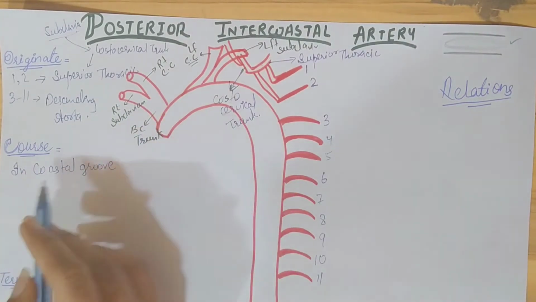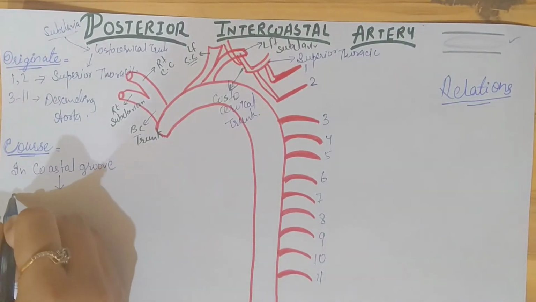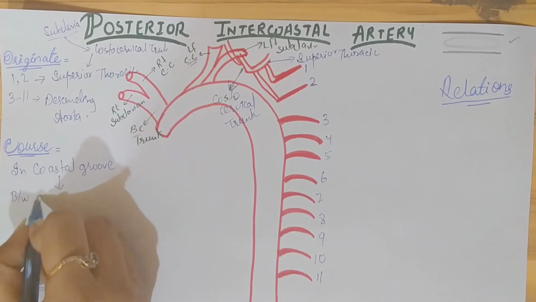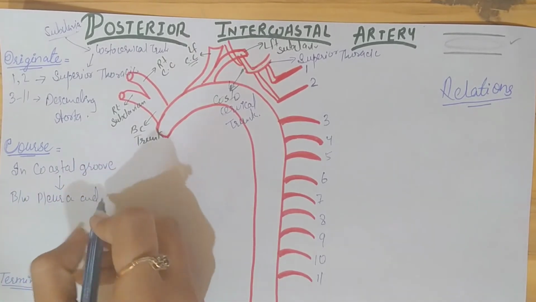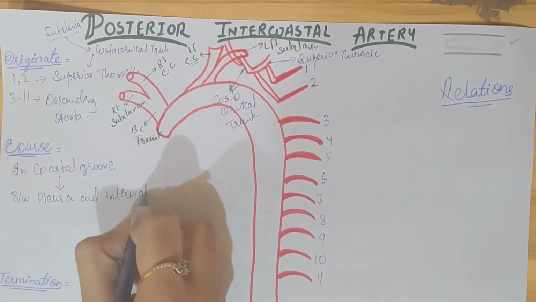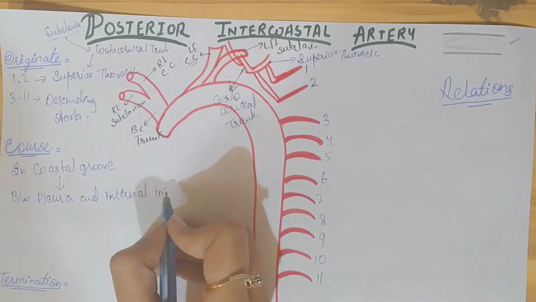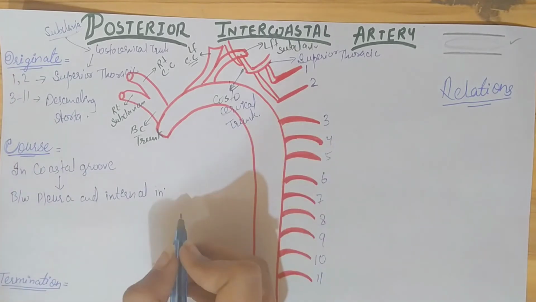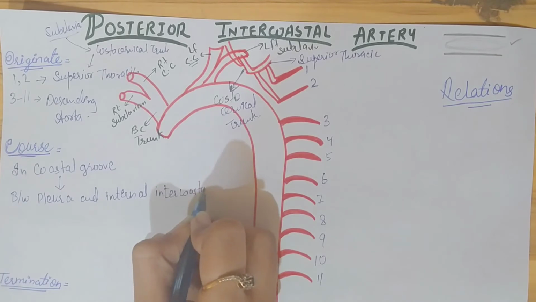First it is present in the costal groove of the rib, then it is present between the pleura and the internal intercostal membrane. As we know that the internal intercostal membrane is the aponeurosis of the internal intercostal muscle. So let me write here internal intercostal membrane.